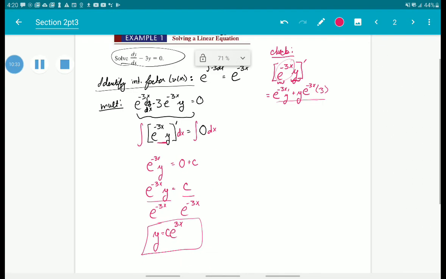So let's talk about the steps that we did here. The first step is to make sure the differential equation is written in standard form.